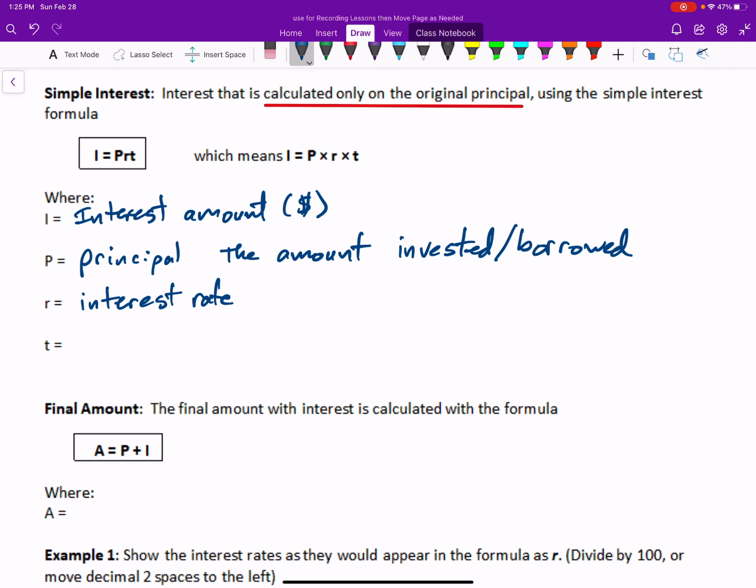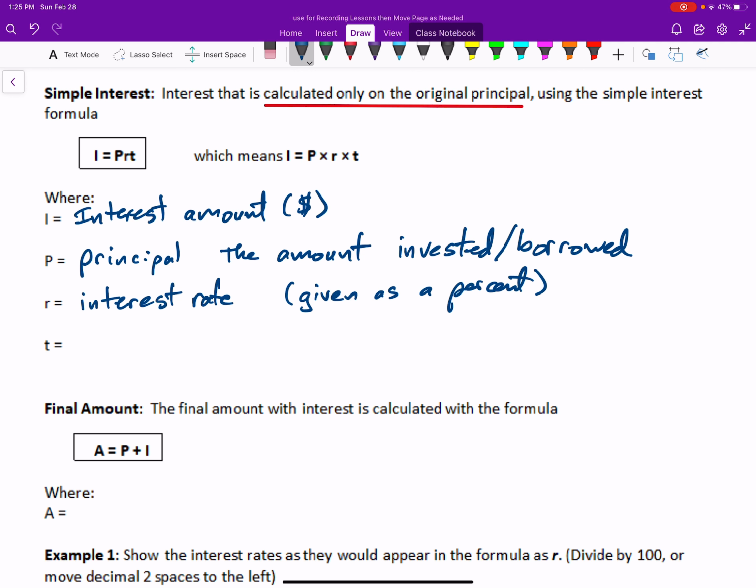It's given as a percent, and it just tells how much interest you're going to pay as a percent of how much you borrow. So if I borrow $100,000 and the interest rate is 5%, that means I'm going to give them 5% of that $100,000 back as my payment for borrowing the money.